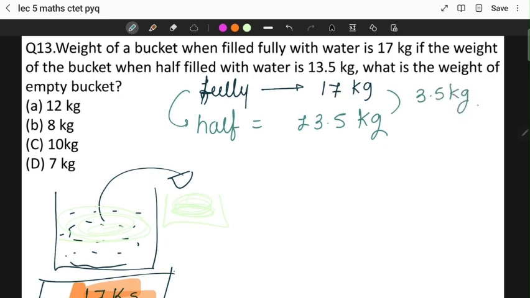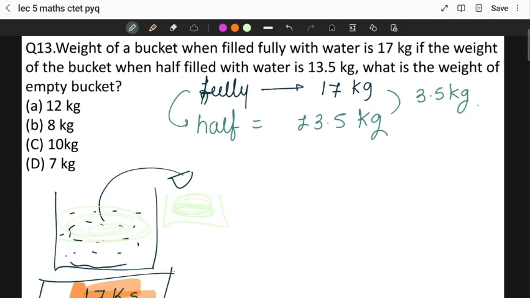Got it? When a fully filled bucket weighs 17 kgs, if I remove half of the water, the weight has been reduced by 3.5 kg.